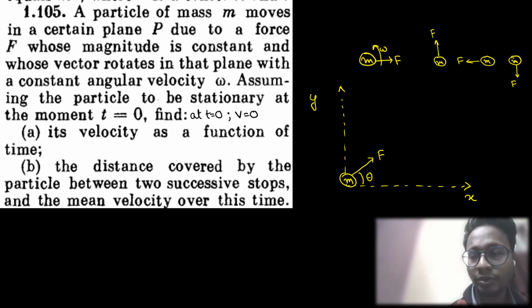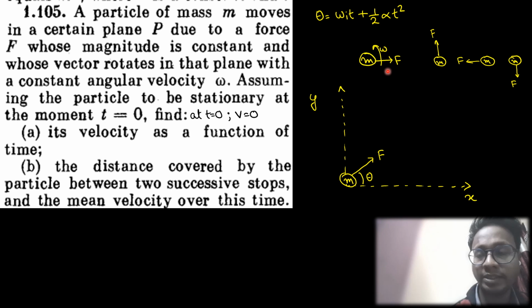Now, if the force was rotating with angular velocity omega, can I write theta in terms of omega? How? We do know that theta is equal to initial angular velocity into t plus half alpha t square.